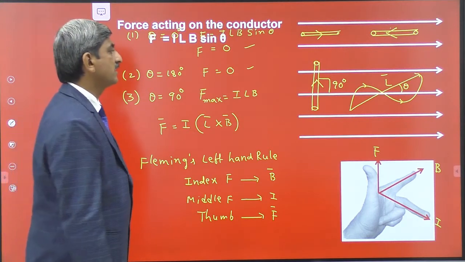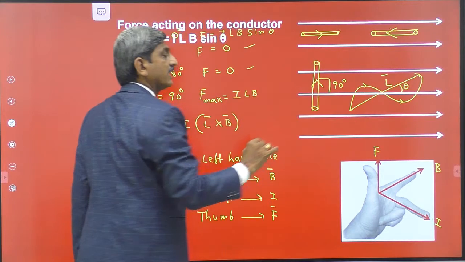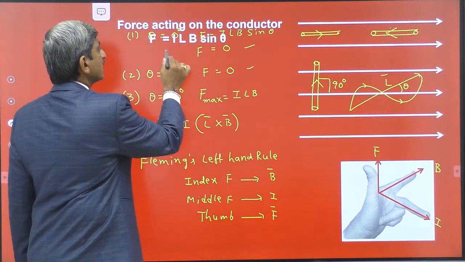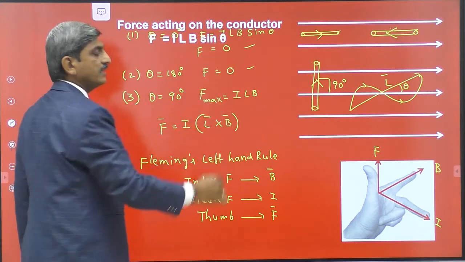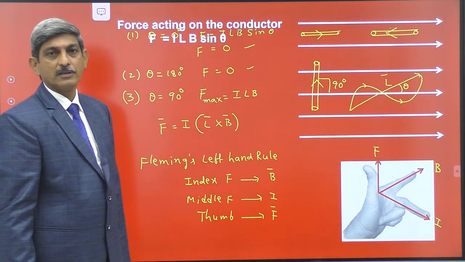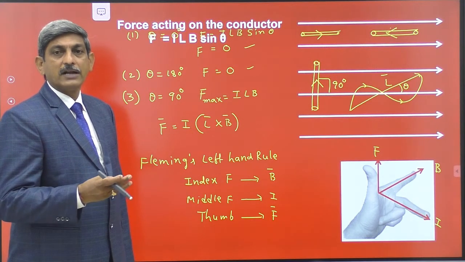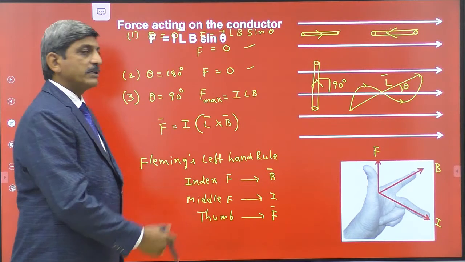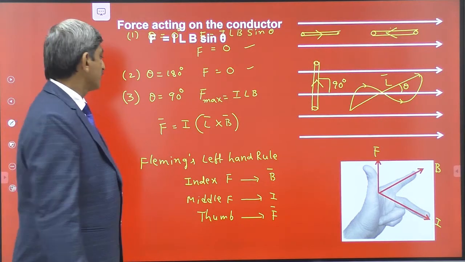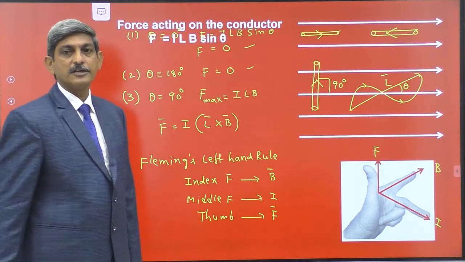In such cases, don't take the entire length of the wire as L while calculating the force value by using the formula F is equal to ILB sin theta. Now, for the straight conductor and for the conductor in the form of a bending shape, we can determine the force by using the formula F bar is equal to I times L bar cross B bar.